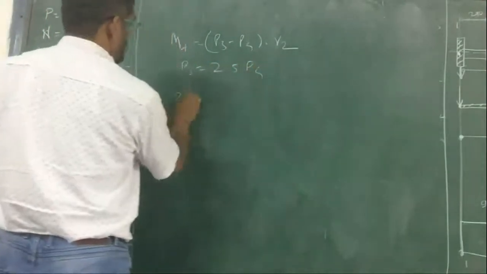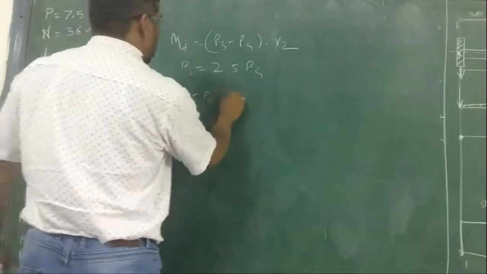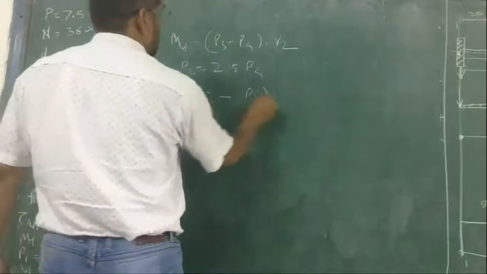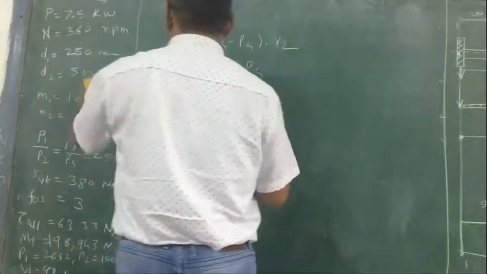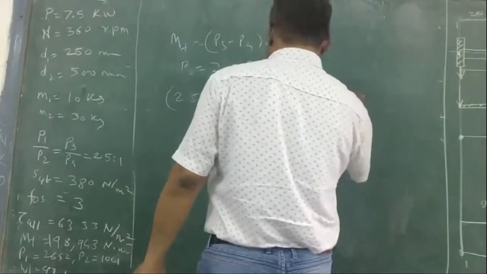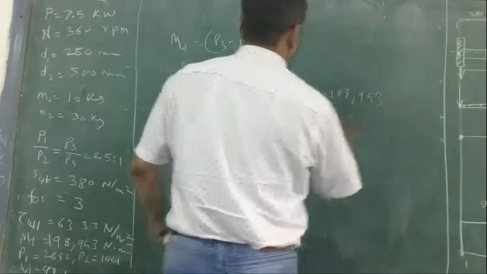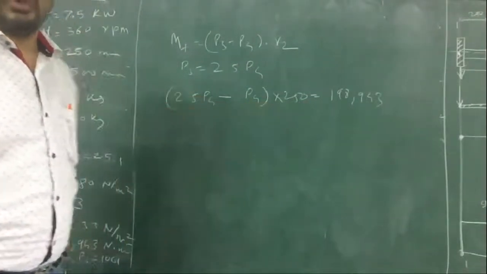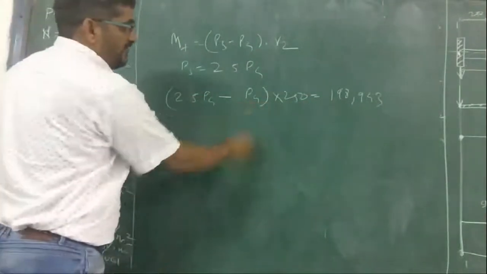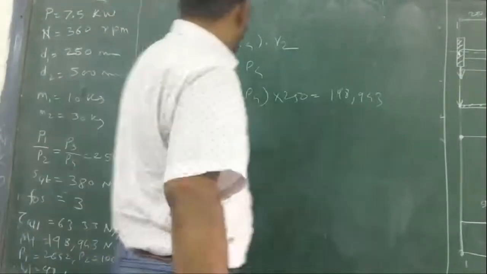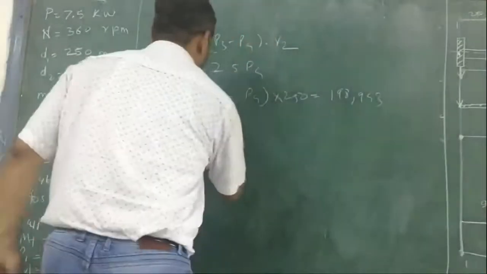So 2.5 times P4 minus P4, into R2, which is 250, is equal to 198,943. So this is MT is equal to P3 minus P4 into R2. Here R2 is half of the diameter. So with this we will get P4.